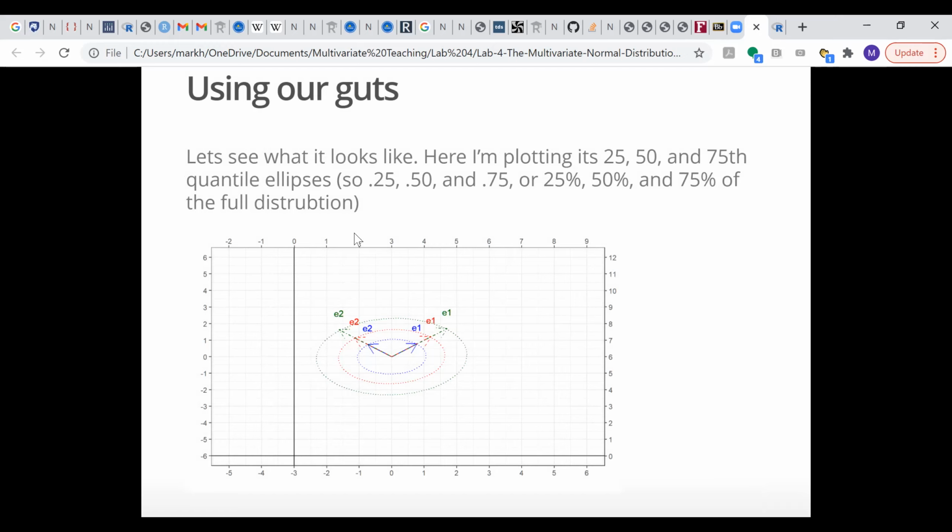So 25% of the density is inside the blue, 50% inside the red, and 75% inside the green. And so we see here when the covariance is very low, we get very circular shaped ellipses because there's not much covariance between the two variables, so they're essentially independent.